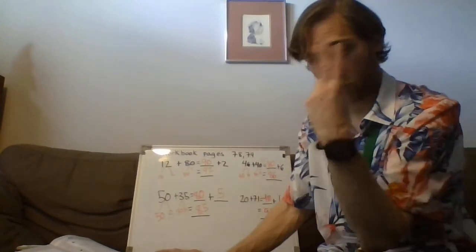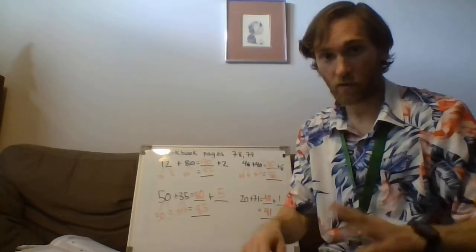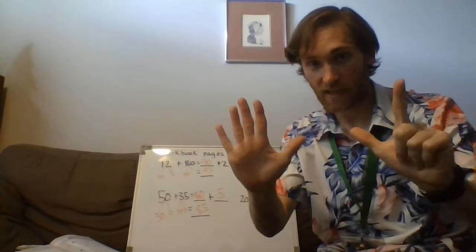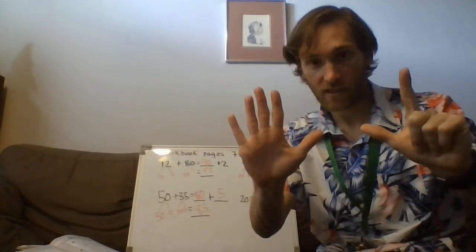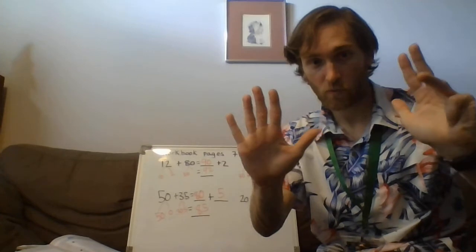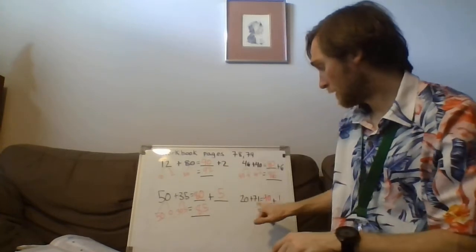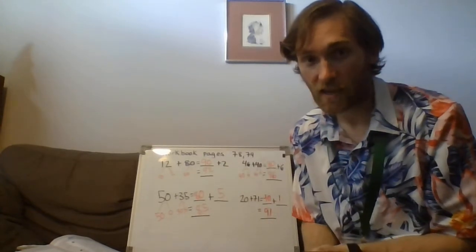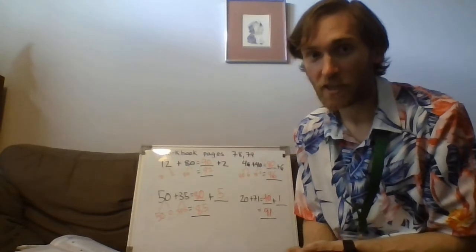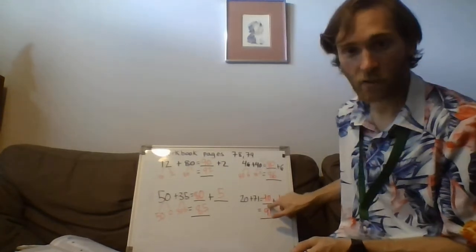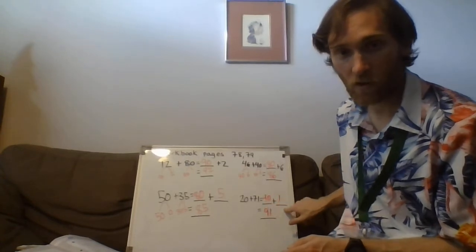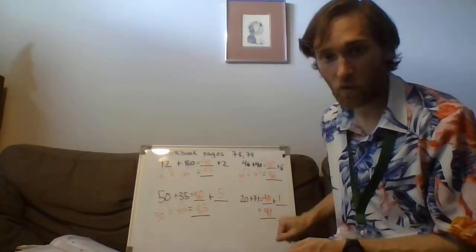There are 2 10s in 20, and then there are 7 10s in 71. So we have the 7 10s from 70, and 2 more, that's 90. Then we add the 1, which is how many 1s there are. 90 and 1 equals 91. So 20 plus 71 equals 90 plus 1 equals 91.